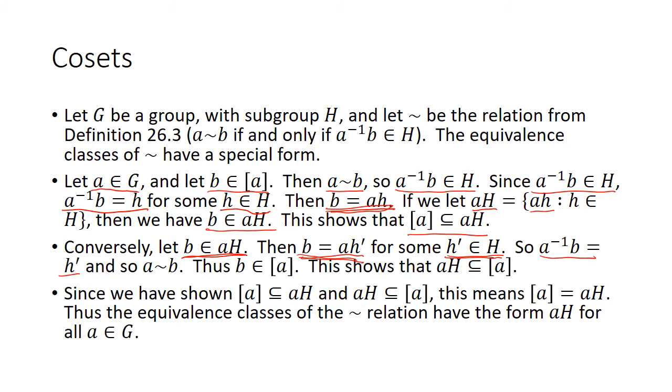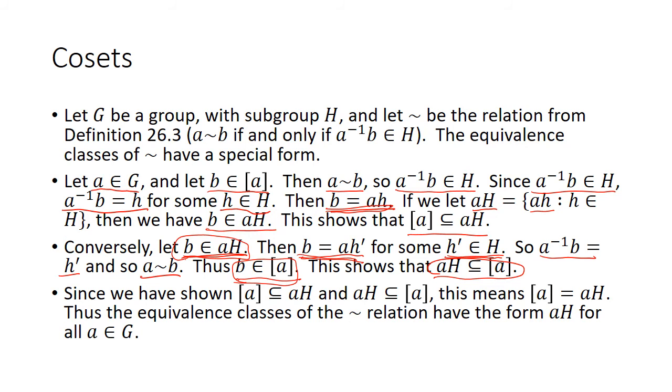And so since A inverse B equals h', that tells us that A inverse B is an element of the group H, or the subgroup H. So that tells us that A is related to B. So that tells us that if A is related to B, then B is an element of the equivalence class of A. And so we started off with B being in AH, and then we found that it's in the equivalence class of A. That means that AH is a subset of the equivalence class of A.